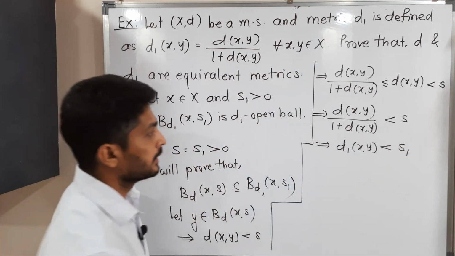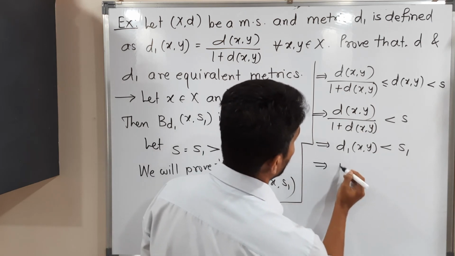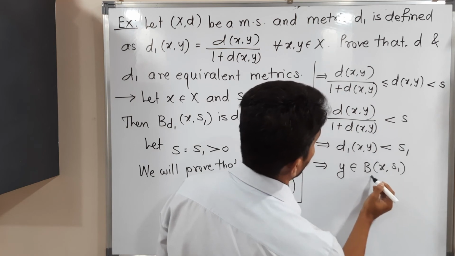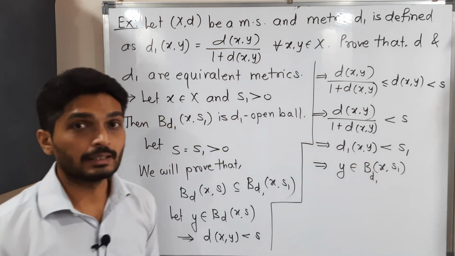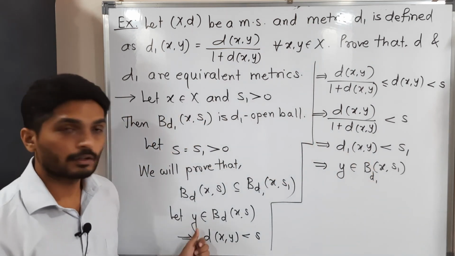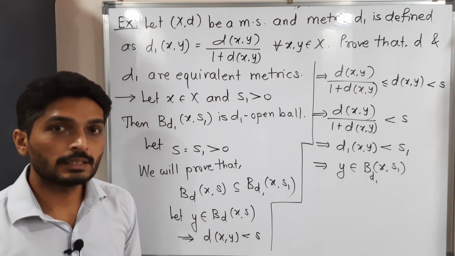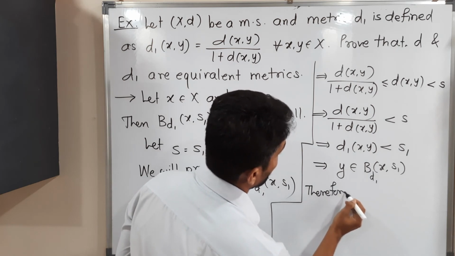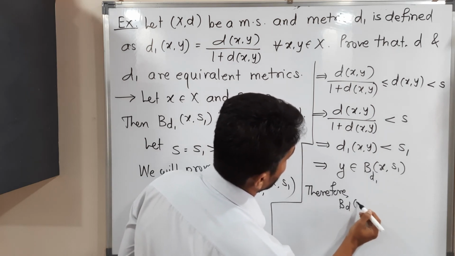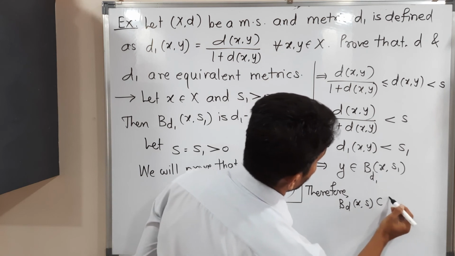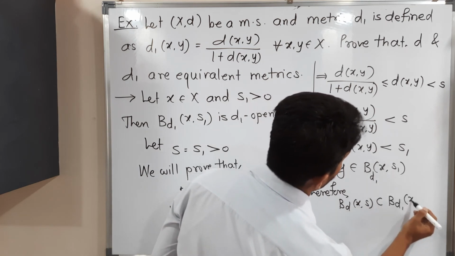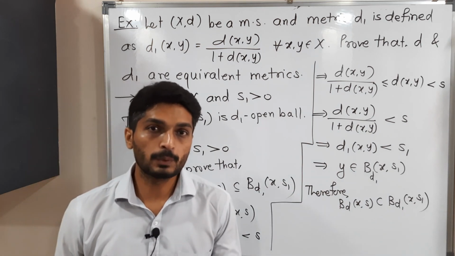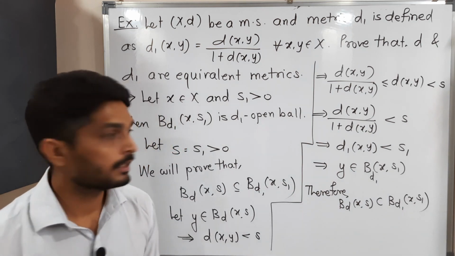Therefore the distance between x and y is less than s1, so y belongs to the open ball with center x and radius s1 with metric d1. Basically, we took a point from the d open ball and proved it is in the d1 open ball. Therefore the open ball with center x and radius s is a subset of the open ball in d1 with center x and radius s1. In both ways we proved it, so we can declare d and d1 are equivalent metrics.